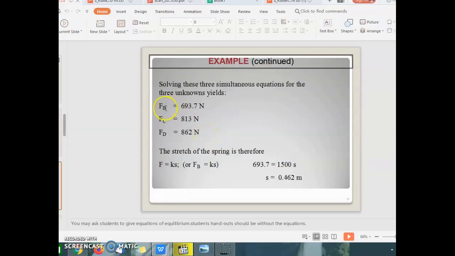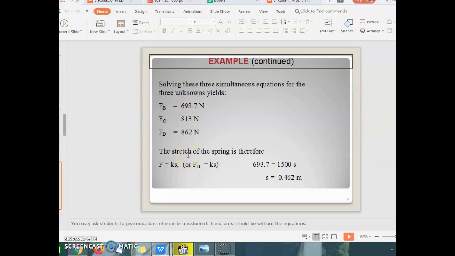Okay, after you have those three equations and three unknowns, you can solve for FB, FC, and FD. So do it yourself to find all the forces.